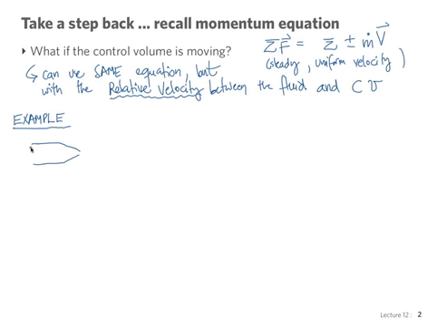The nozzle is fixed to the ground, and we have fluid going in, coming out in the form of a jet, and hitting say a vane, but the vane which deflects the jet vertically upwards is allowed to move.